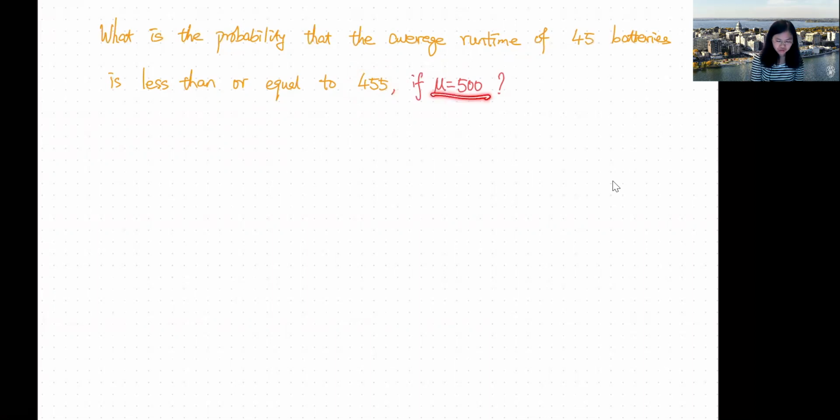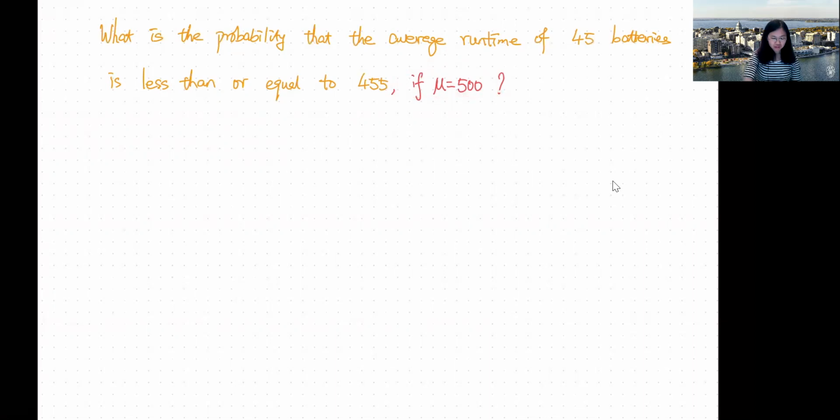So it is reasonable to think that the probability that the average runtime of 45 batteries is less than or equal to 455 shouldn't be too small. If that probability is very, very small, then that's probably evidence that our premise is wrong. That's probably evidence against the company's claim.